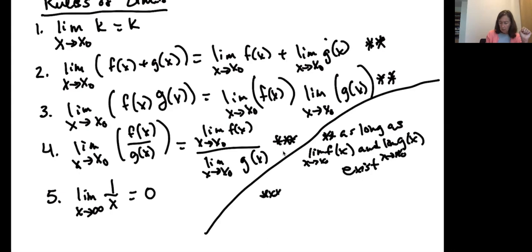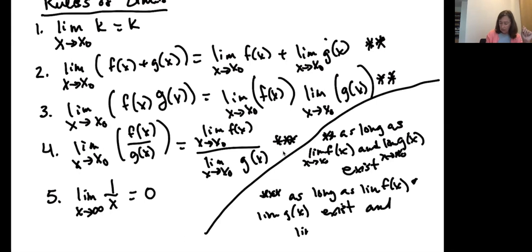And the triple star on rule 4, same deal, as long as the limit of f of x and the limit of g of x exist. So same as for rule 2 and rule 3, but we also need the limit of g of x not to equal 0. So no surprise here, you can't have a 0 in the denominator. And let me just be careful here and add x goes to x0 in all these cases.